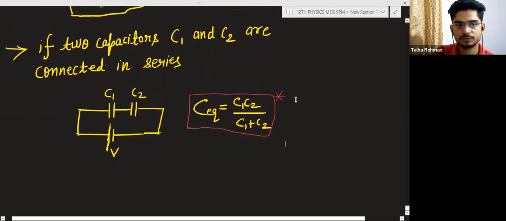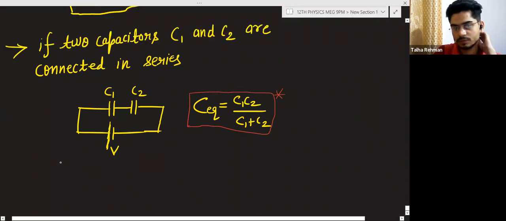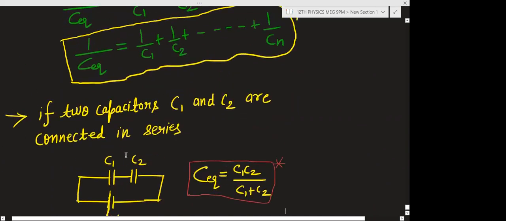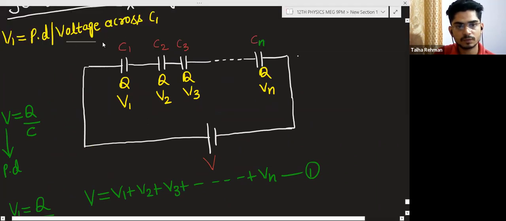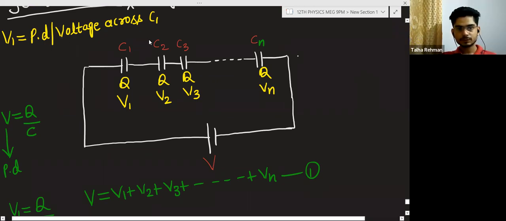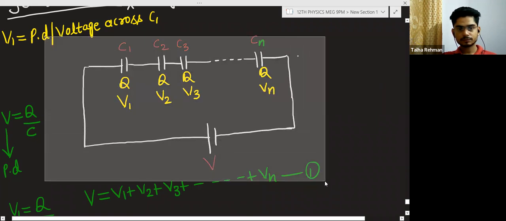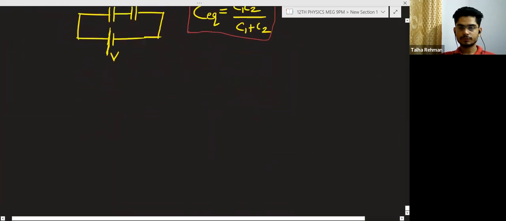So take the screenshot. Then we have some terms. So we have this circuit.